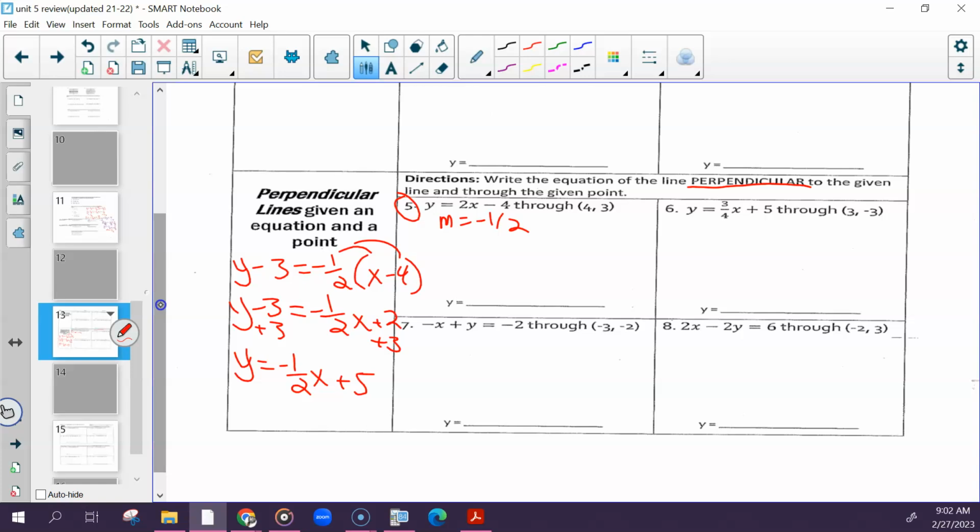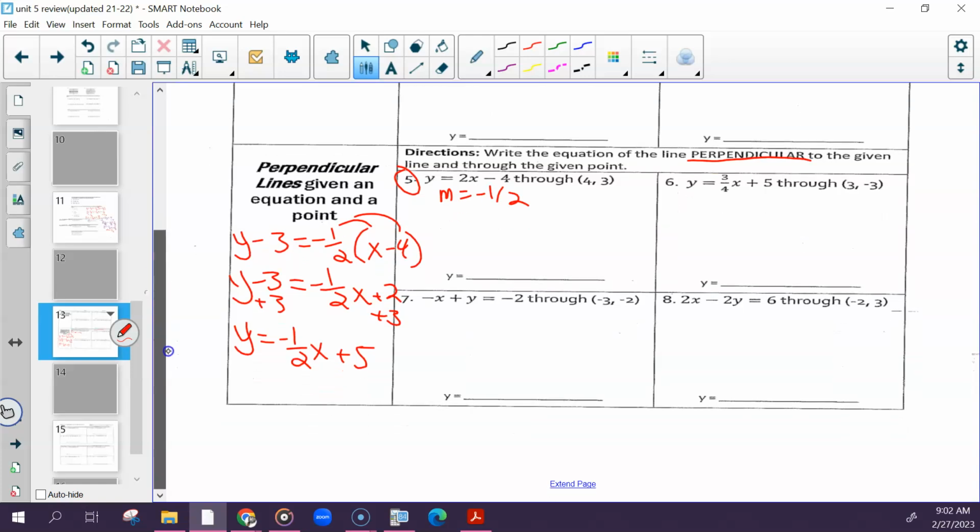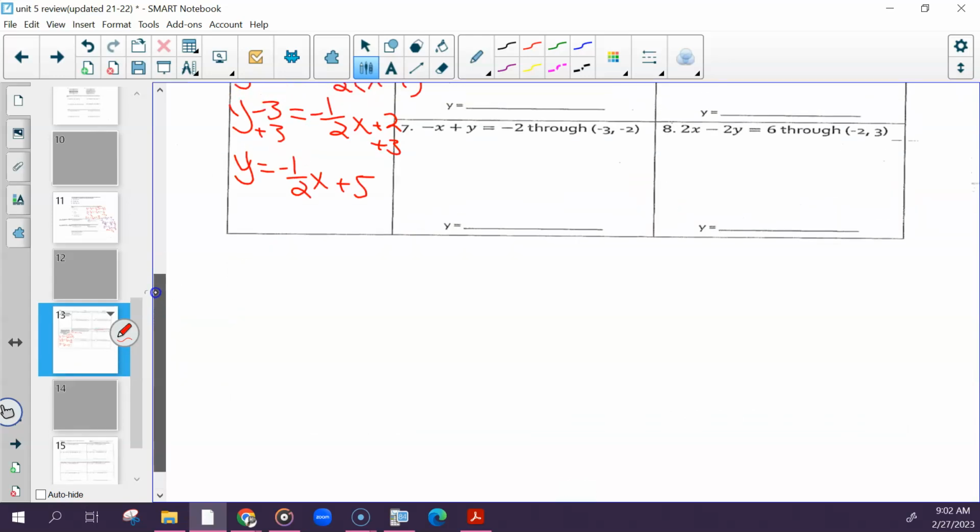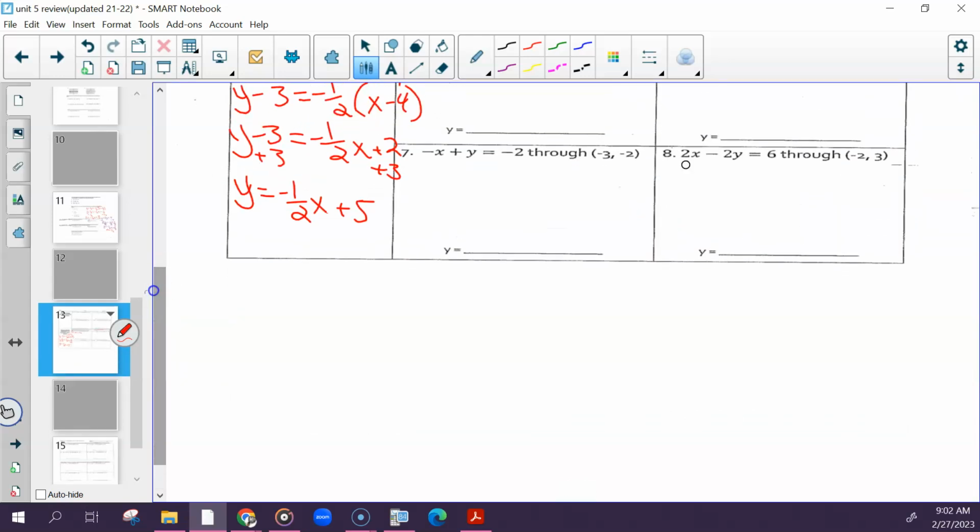Daniel. 8. Mm-hmm. So 8 is similar, but now we have to solve it first. So let's get rid of x, subtract it to the other side. Divide everything by negative 2. So this equation is y equals x, or 1x, minus 3.